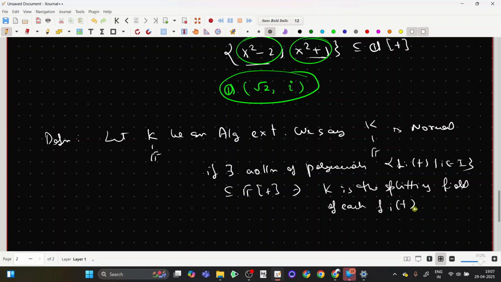Getting my point? So this is the definition of a normal extension. Is it clear?